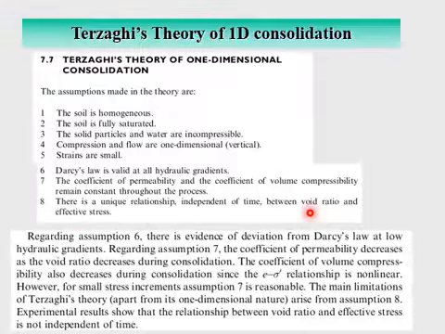It says this, but practically the soil doesn't behave like this. Even at constant effective stress, the void ratio changes, right? So the main limitation of his theory lies in number 8.